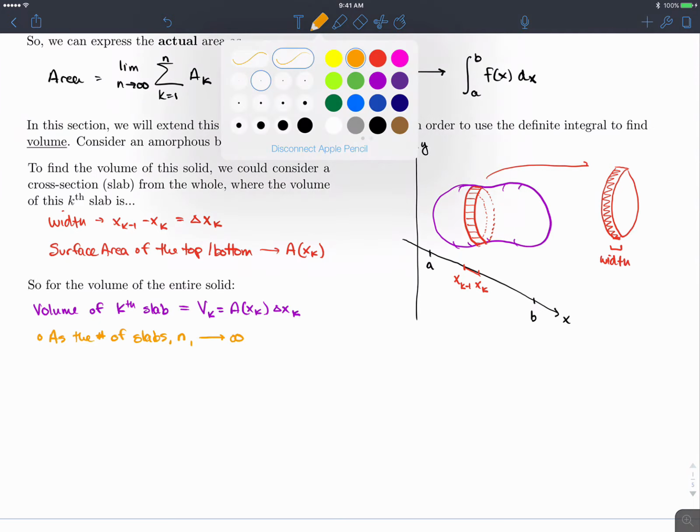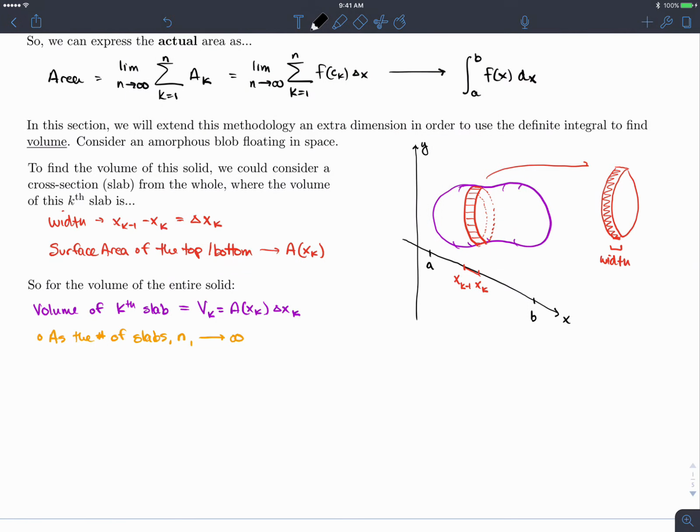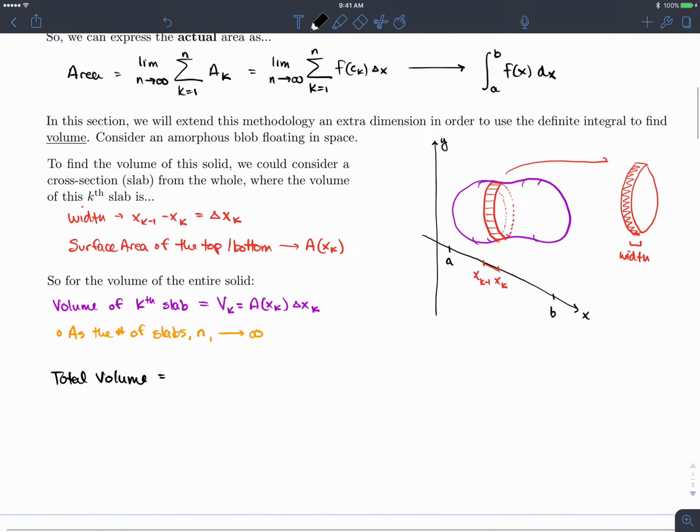Then we can say that the total volume is equal to the limit as n goes to infinity of the sum of each of these slabs, from the first slab to the nth slab.